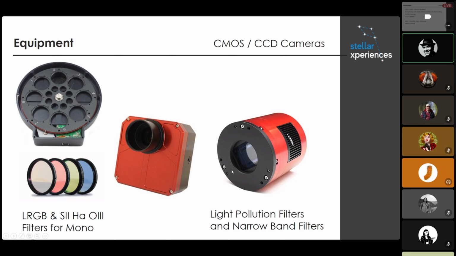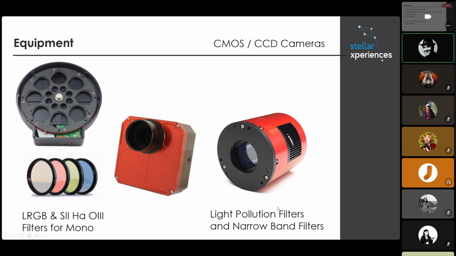And for color cameras, you can use light pollution filters. If you are in a light polluted area, some of the light coming from human-made sources, like your neighbor's light or the street light, can be cut by light pollution filters.